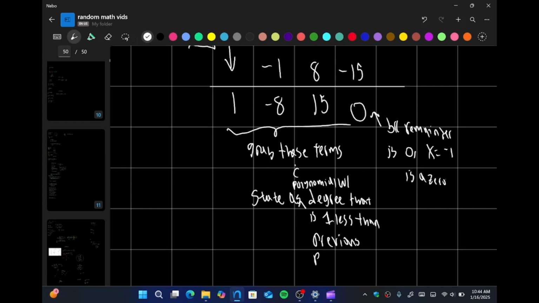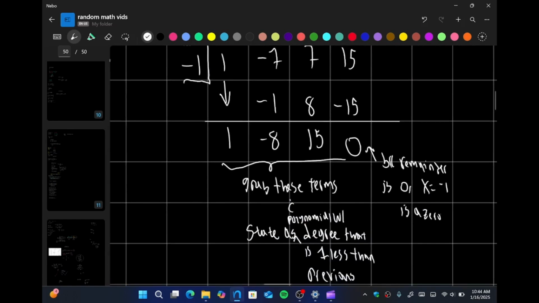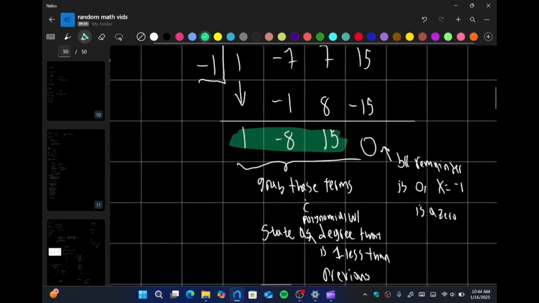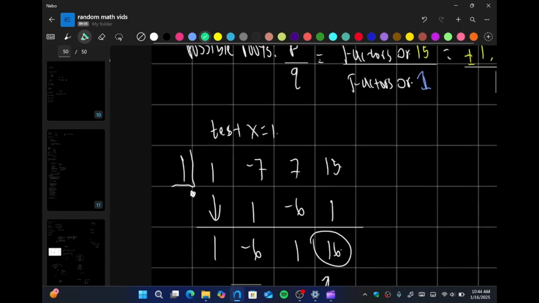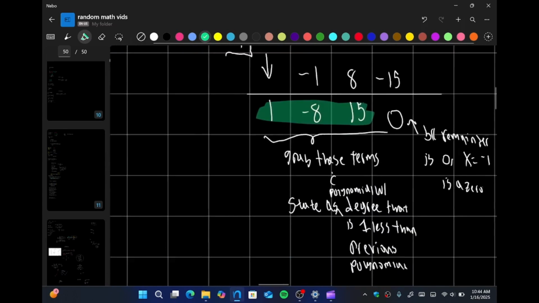I know that sounds confusing, guys. I'm going to explain it. You're just going to grab these terms, all these terms, and because we had an x cubed polynomial, you're going to do it a degree less than that.